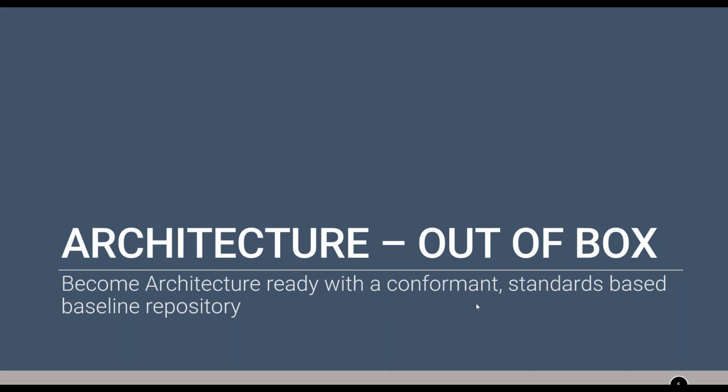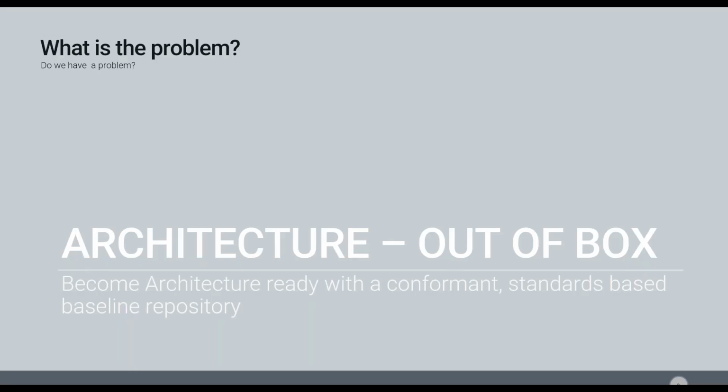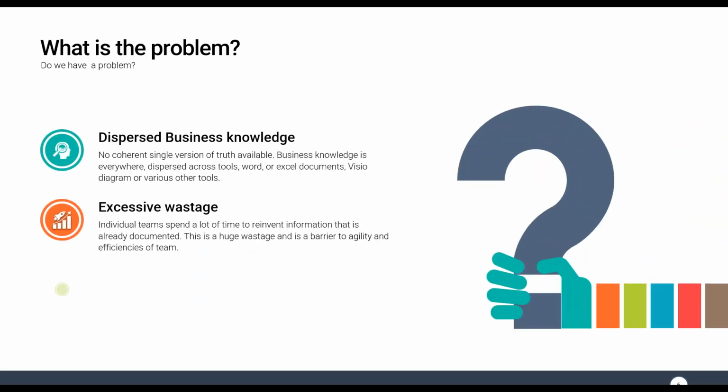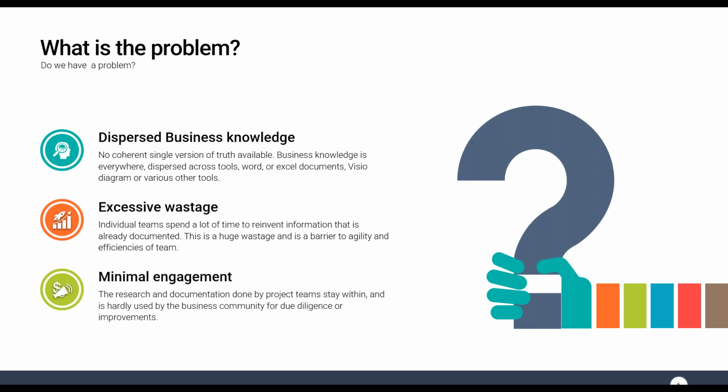Consultants and people who are using EA extensively to build model contents have been using this for a while to build a baseline repository from all the dispersed business knowledge that floats around in an organization, by importing those Excels into EA in a way that conforms to a standard meta model with the right type of stereotypes and tagged values, so that it is almost ready to be used for subsequent analysis and due diligence.